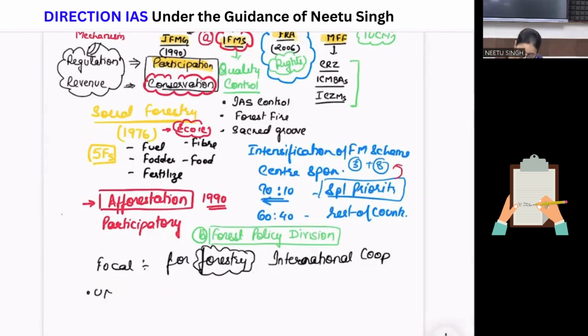India is a member of the UN Forum on Forests. These are the important examples that should be there in your list. Asia Pacific Forestry Commission.